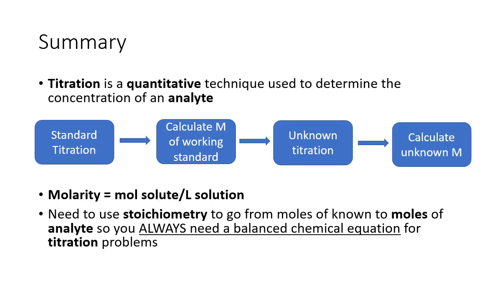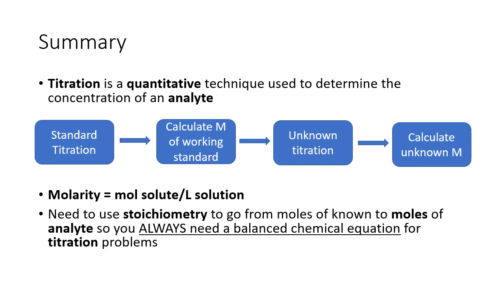So, summary. Titration is a quantitative technique used to determine the concentration of an analyte. Normally, you will go from a standard titration to calculate the molarity of your working standard, and then you'll use your working standard in an unknown titration, after which you can calculate the unknown molarity. Okay, molarity is always moles of solute over liters of solution.